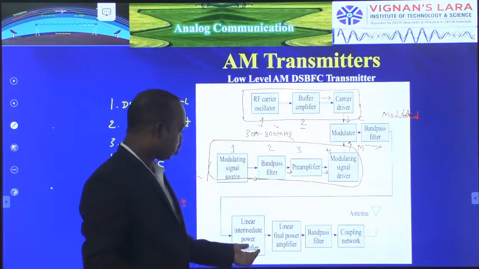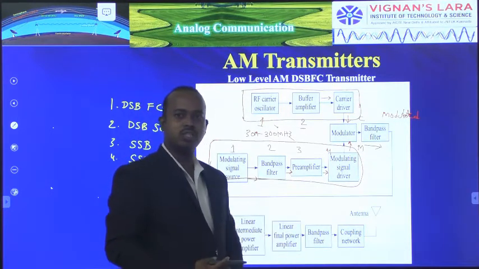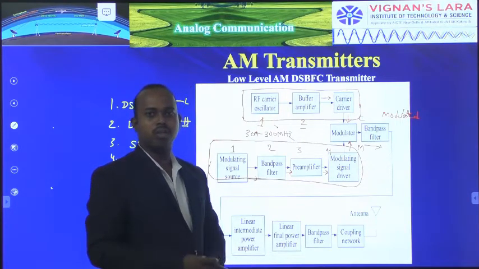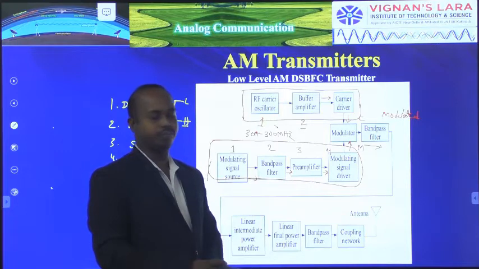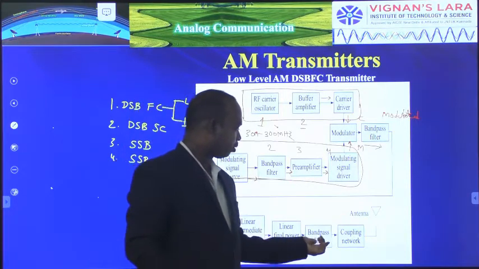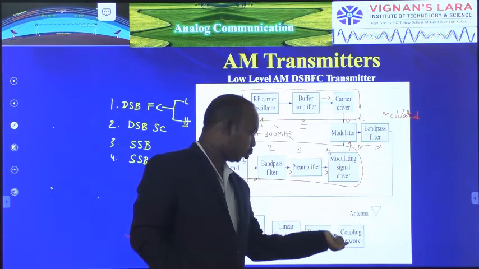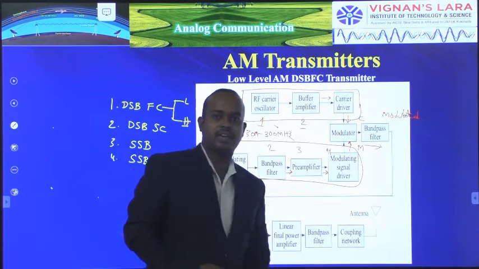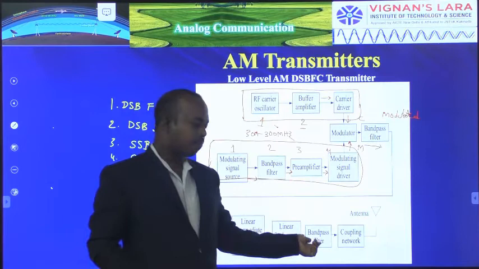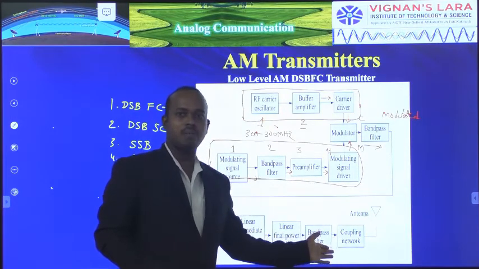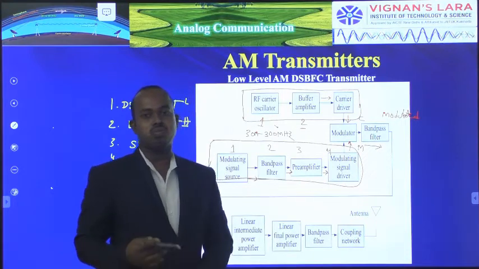The output of this one is further assigned to a band pass filter. It limits the band of that particular quantity. Then the network is connected through a coupling network to an antenna. Here the band pass filter output we are assigning to the coupling network. The coupling network we are interfacing to our antenna.